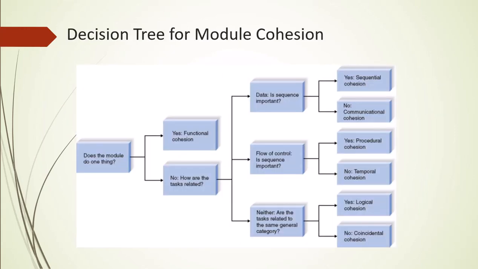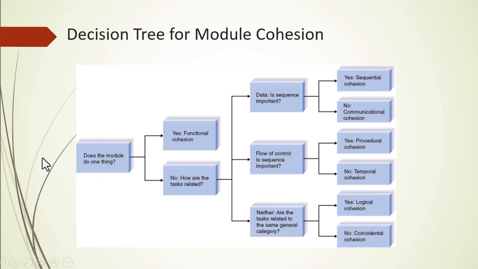This is the decision tree for module cohesion. So this is very important and interesting. You will check this decision tree to decide which type of cohesion it is. So you will check, does the module do anything?